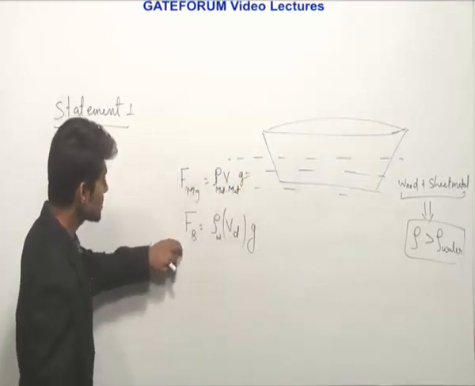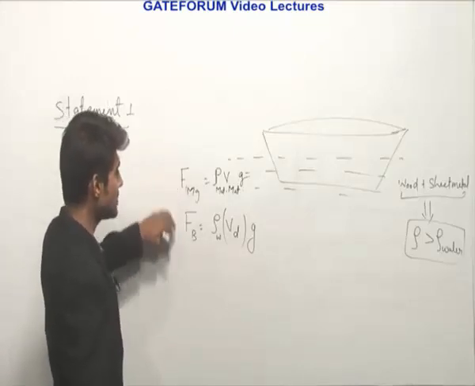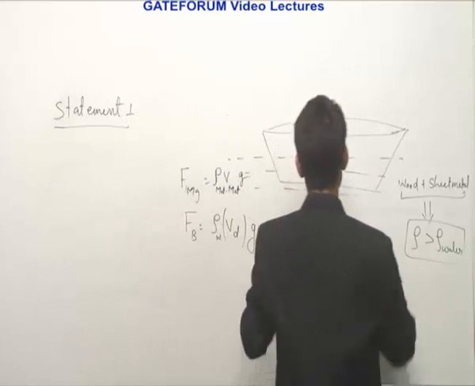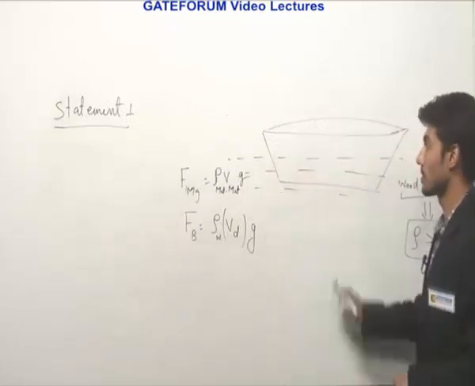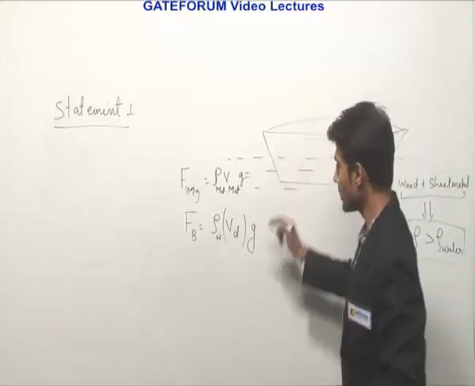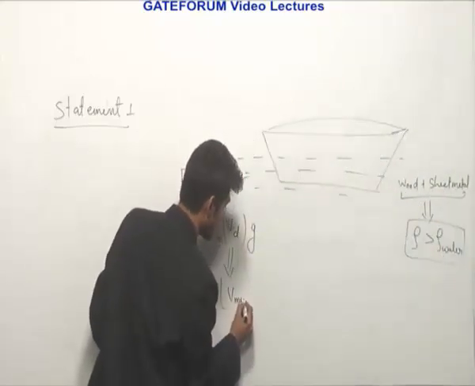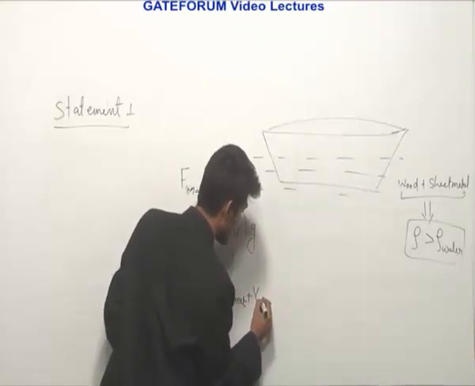So if buoyant force is greater than this mg or buoyant force is equal to this mg, then the boat can float in water. As we know, if hollow part is upward, this displaced volume will be volume of material plus volume of air.